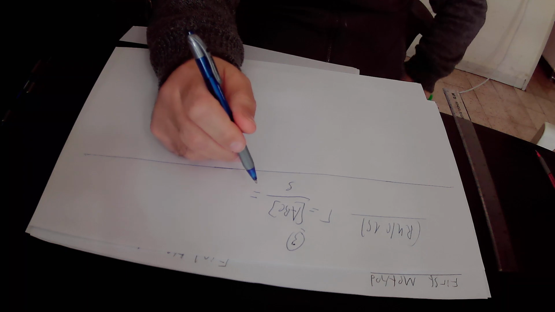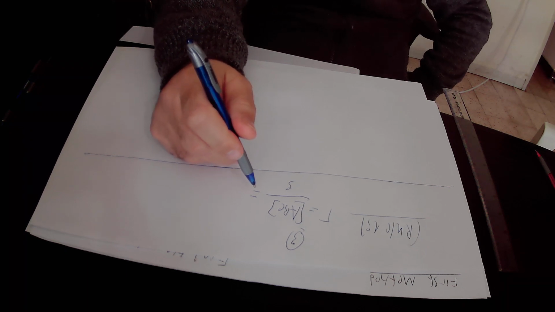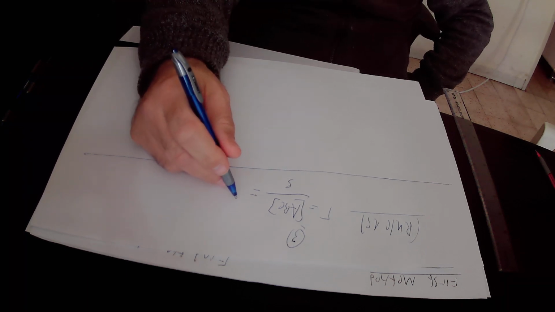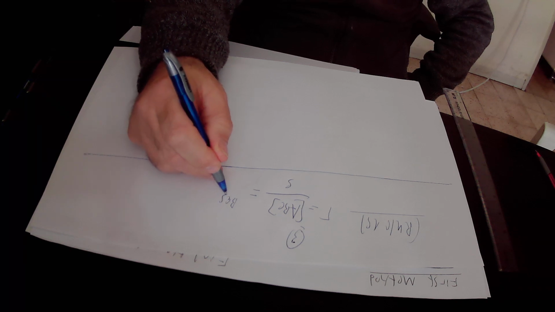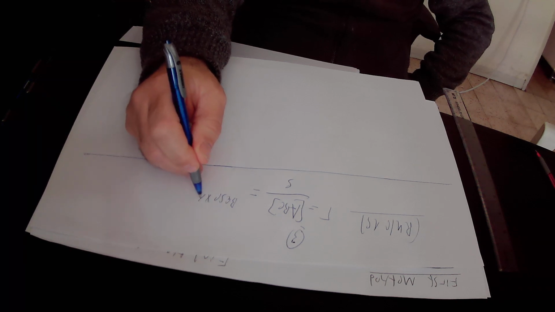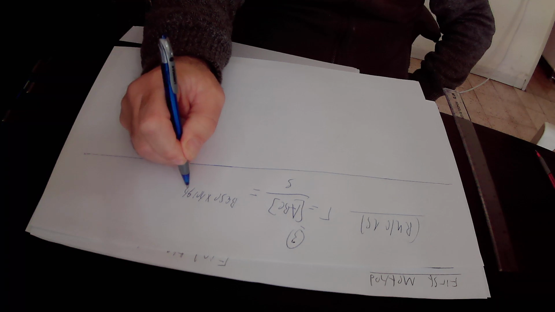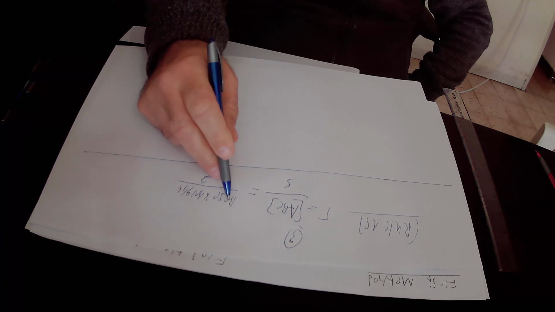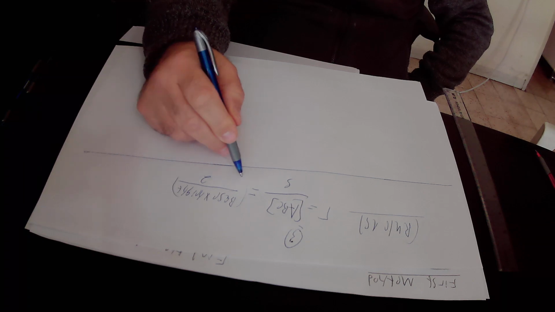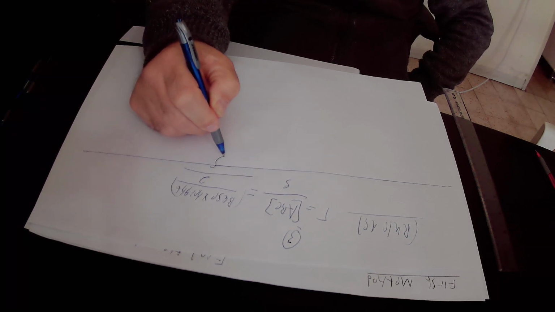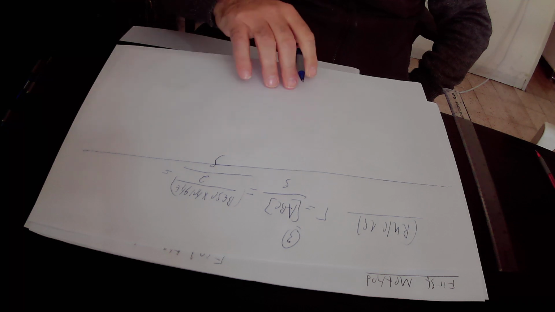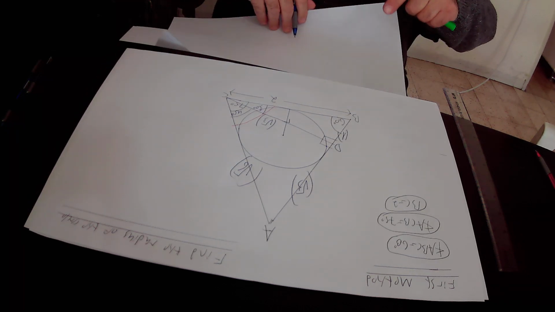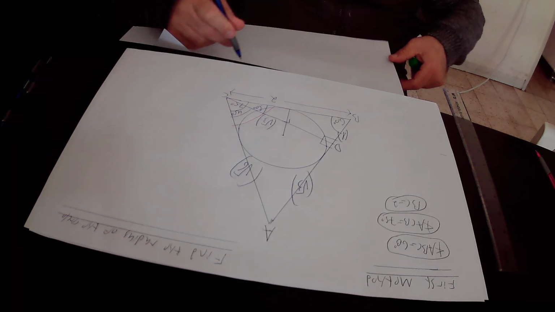The area of any triangle equals the base of the triangle times the height to the base over 2. And we have to divide it by S, that is the semi-perimeter of the same triangle ABC. We choose the base of this triangle ABC as AB.